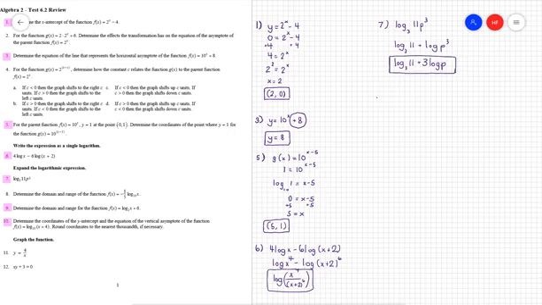Number 9. Determine the domain and range for this log function. Remember, our log functions' general form looks like that, where they're approaching some value and extending on forever in the up and down direction.